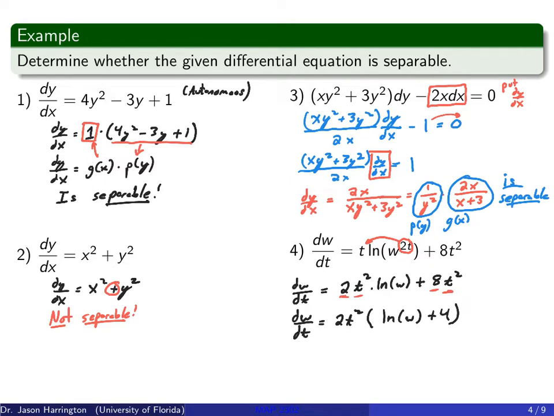So we see that this is a function of t, which is going to be my g of t, and this is a function of w. So this is separable.